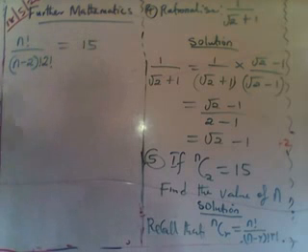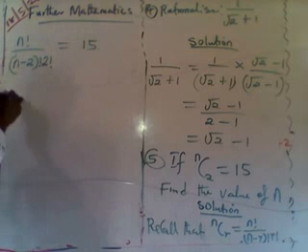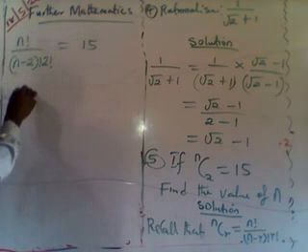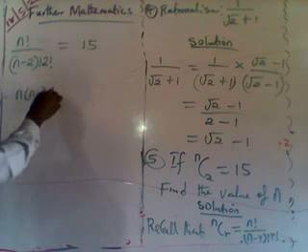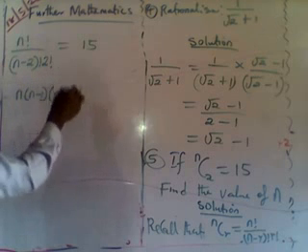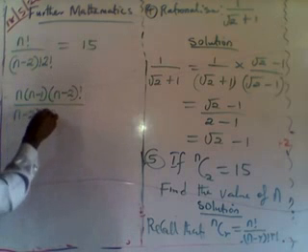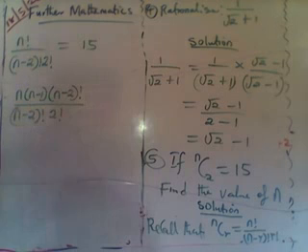As simple as that, according to the formula. So what we have here is n, open the bracket n minus 1, open the bracket n minus 2 factorial all over n minus 2 factorial, 2 factorial.